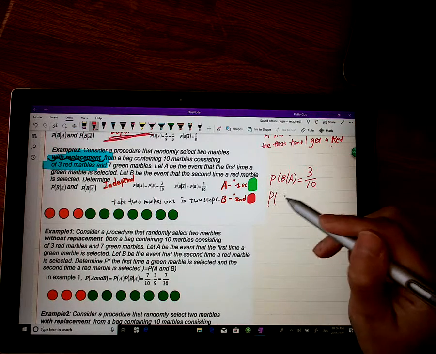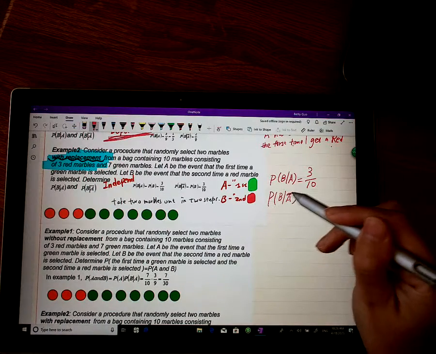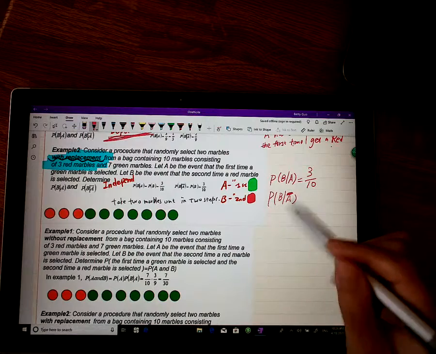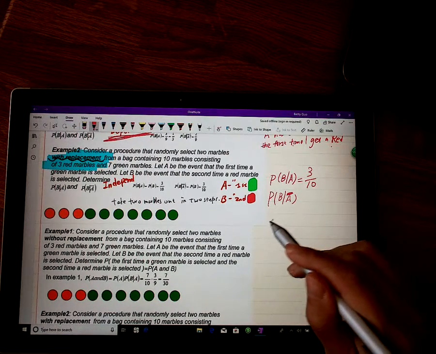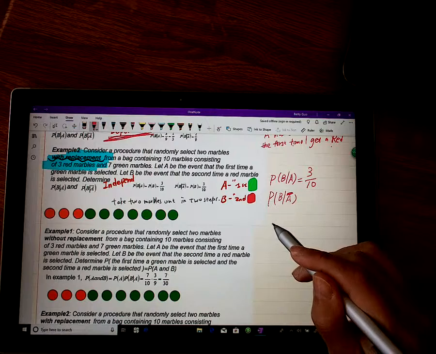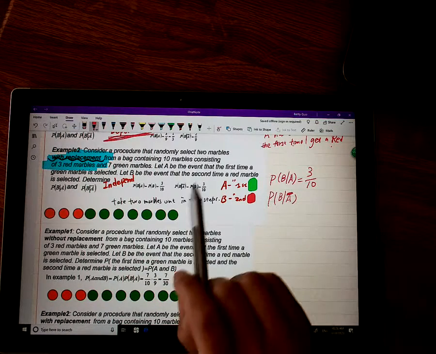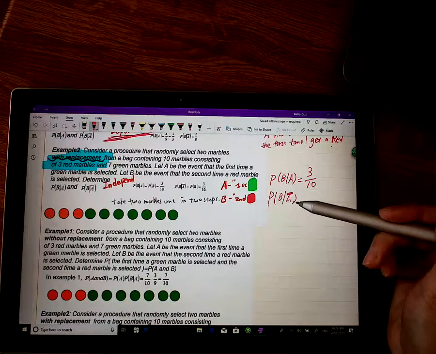And the second conditional probability is B given A bar. The condition is different. Now we know A bar has occurred. A bar has occurred means the first time you got a red marble, because A represents the first time you get a green, so A bar would be the first time you get a red marble.